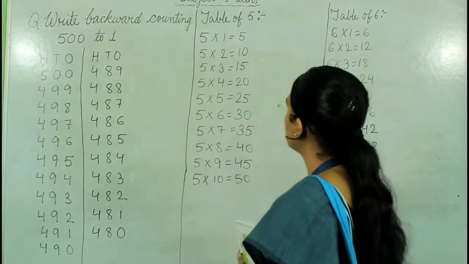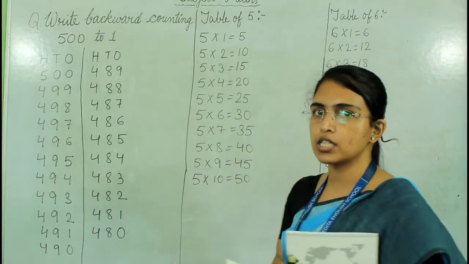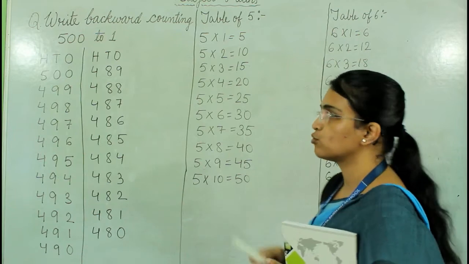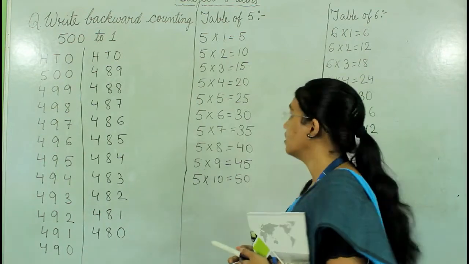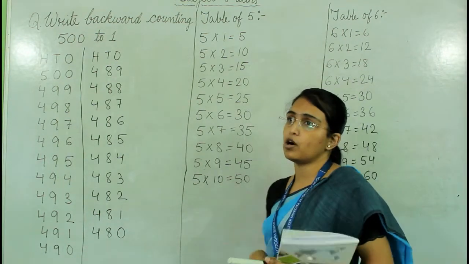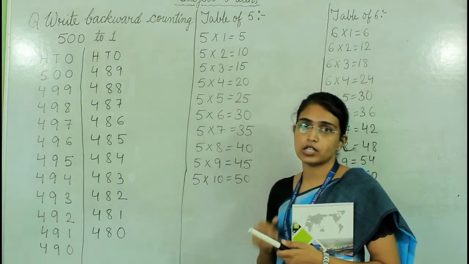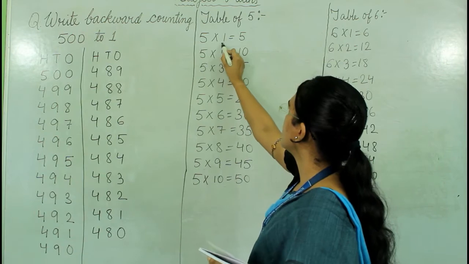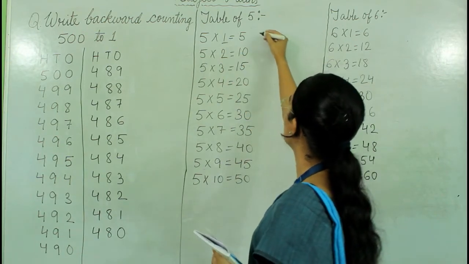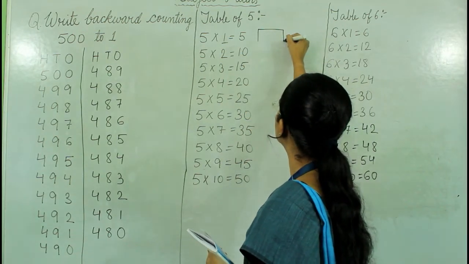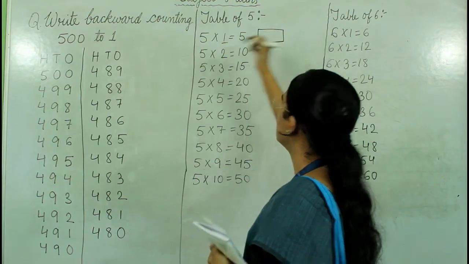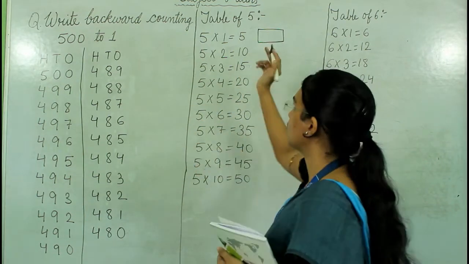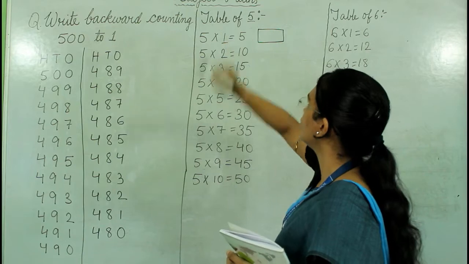Now we are doing the table of 5. Who can say how many boxes I have to draw, and how many balls on each box? First we are doing number 1, so I have to draw one box. On that box, how many balls? 5 balls, because we are doing the table of 5.